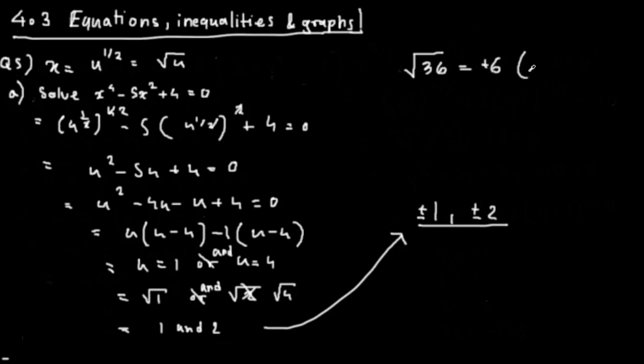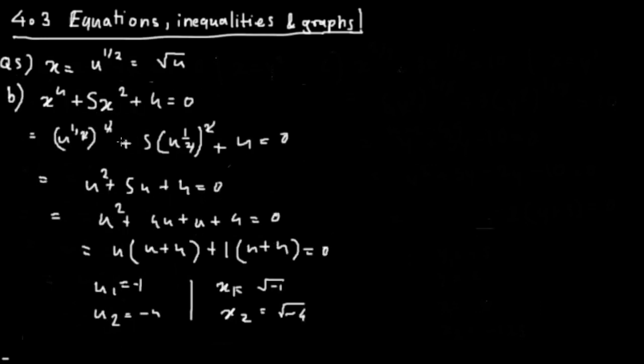It will not equal minus 6, because any type of operation will always give only one answer. The principal root is plus 6, so we take plus 6. That's a bit off topic, but we should remember it for future cases. So 1 and plus or minus 2. Now just plug in all 4 of these answers and see if they're right, and they are.